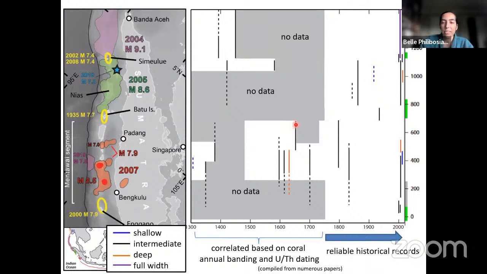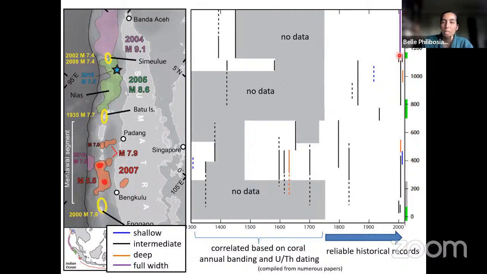So each of the black lines on this plot is an intermediate depth earthquake. The blue lines are shallow earthquakes, also called tsunami earthquakes, and orange lines are deeper events. Not as deep as the ones in the Benioff zones talked about in Hunter's talk. These are all still happening on the megathrust interface. Oh, and the purple lines, such as the 2004 earthquake, are very broad events that span the entire width of the fault zone.